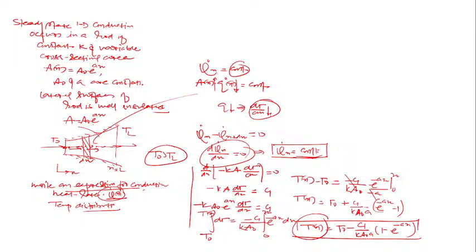So as x increases, dT upon dx decreases, and you can see also it means the plot of the curve, T versus x curve, is actually like this. At x equal to 0, temperature is T naught. At x equal to L, temperature is TL. This is what the profile is.